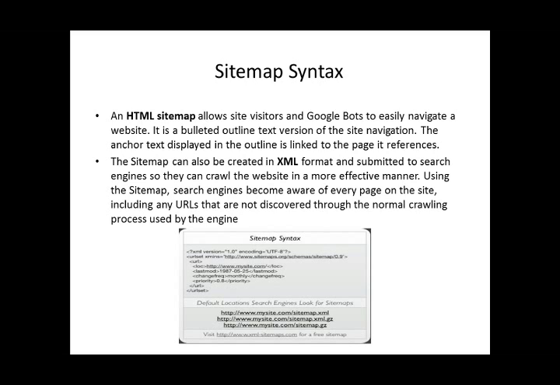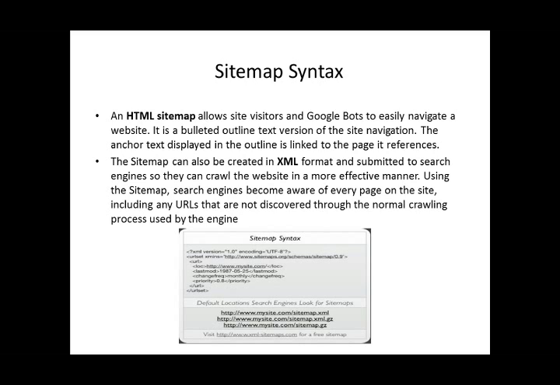If everyone can see the attached syntax, the location would ideally contain the name of the individual URL. In this case, it's mysite.com, and the next parameter is the last modification date. In this case, it's 25 May 1987. Ideally, every page on the website should have a last modified date attached to it, and how frequently it is changed.